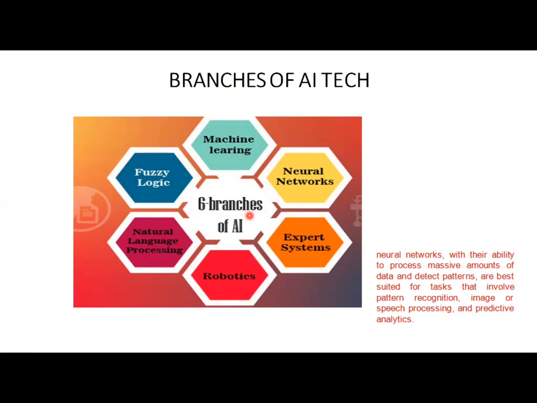So in all sectors, we are going to discuss about neural networks because neural networks have some advantages compared to all other technologies because it has ability to process massive amount of data for the pattern recognition. Comparing to other technologies under the roof of AI technology, neural networks have ability to process a massive amount of data as an input.